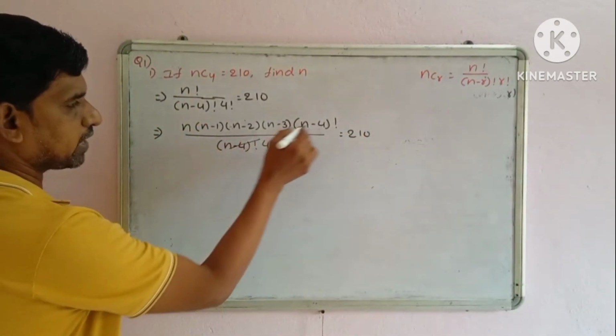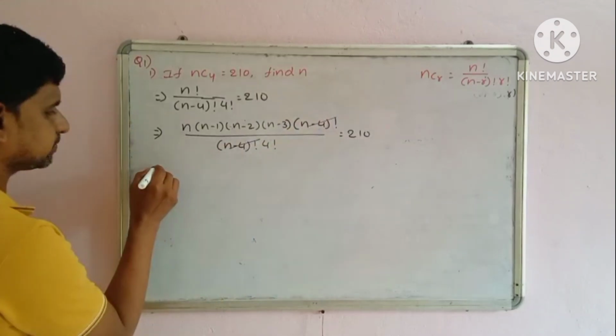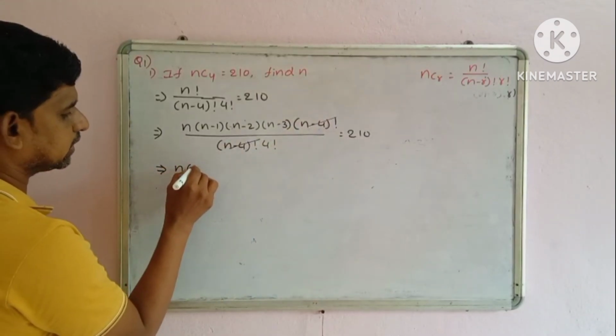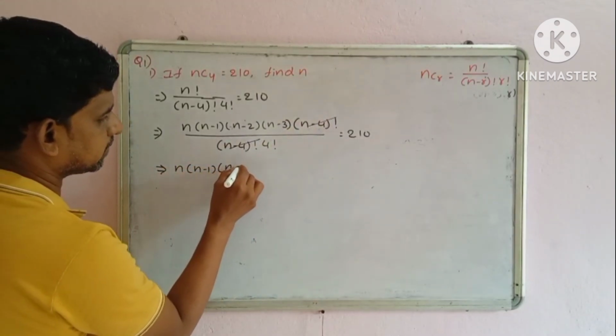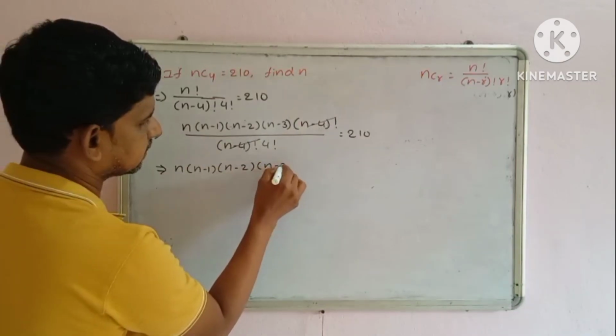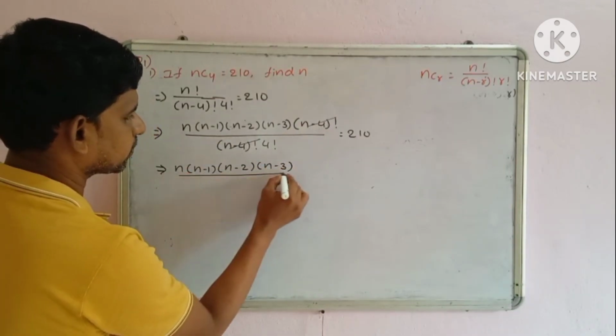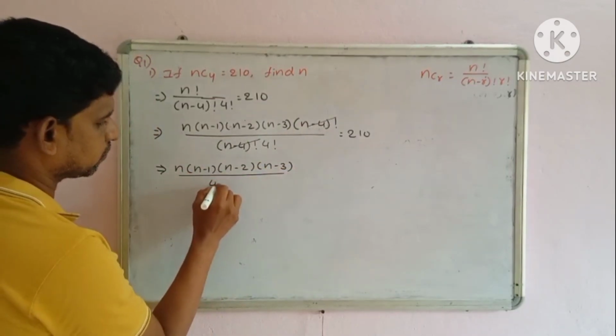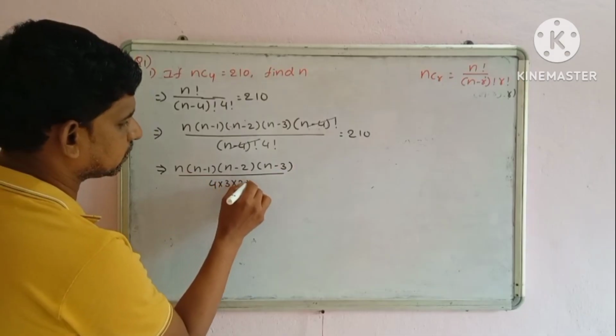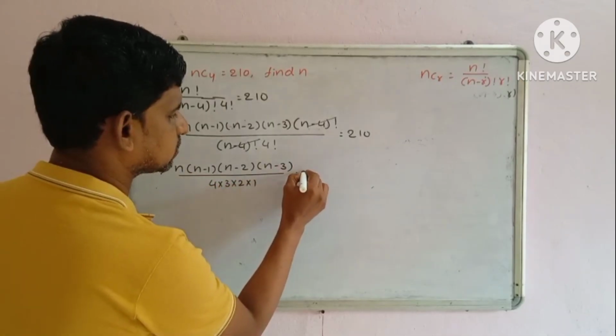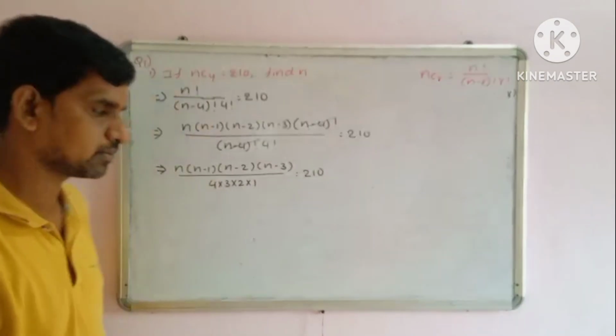So (n minus 4) factorial and (n minus 4) factorial get cancelled. n into (n minus 1) into (n minus 2) into (n minus 3) by 4 factorial, 4 into 3 into 2 into 1, equals 210.